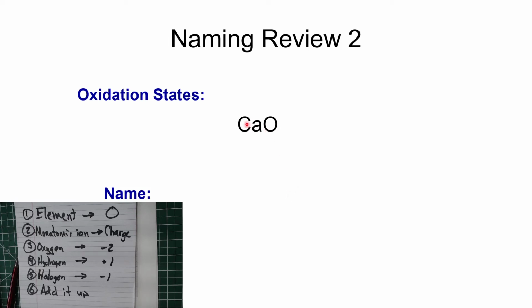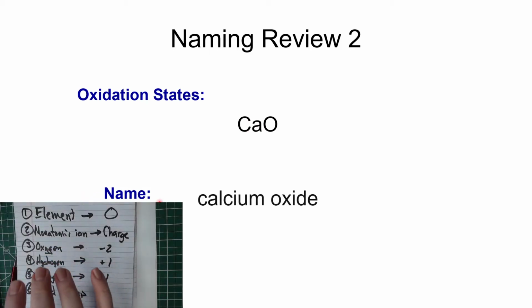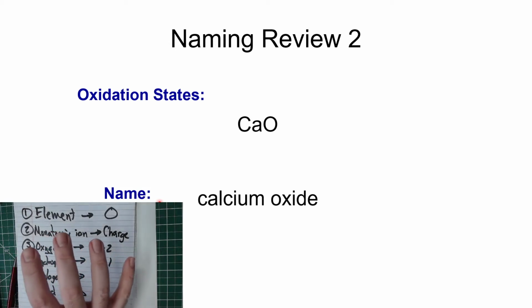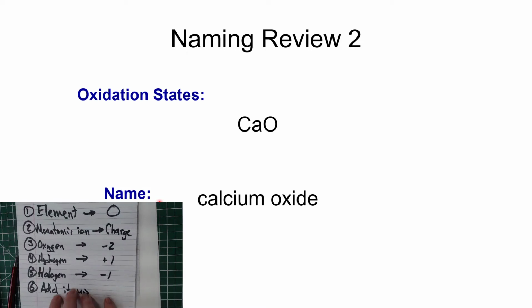So next, this one is CaO. That, of course, is calcium oxide. So if we get past, is this an element by itself? And the answer is no. Then I jump ahead to rule 6 and ask, is this a neutral compound or is this a polyatomic ion?